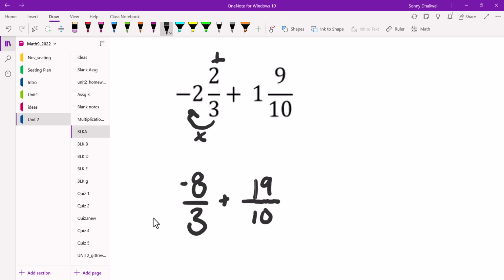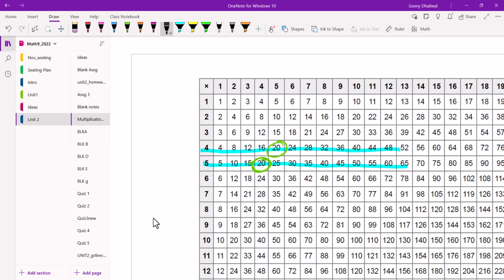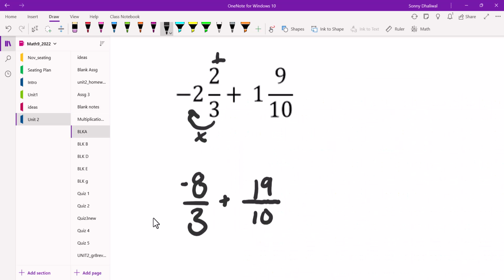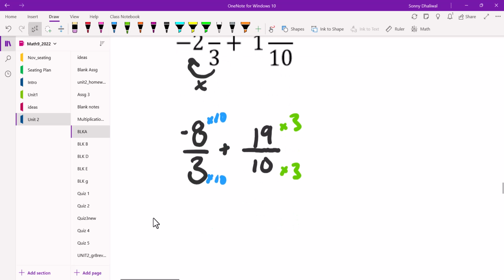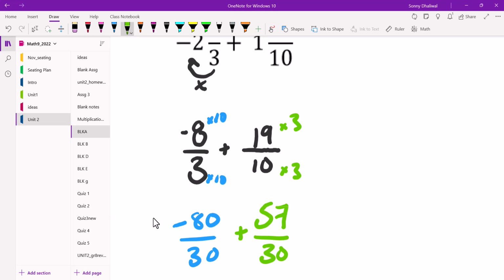Okay. So now we need a common denominator. 30. Thank you, 30. And if you're struggling, you can use your table: 3 and 10, you look across, 30 is what you have in common. So the first one, we have to multiply top and bottom by 10. Second one, we have to multiply top and bottom by 3. So we get negative 80 over 30 plus 57 over 30.